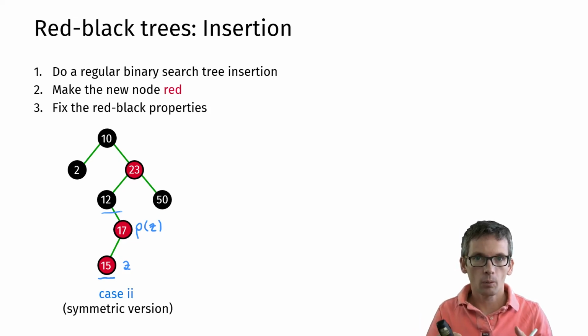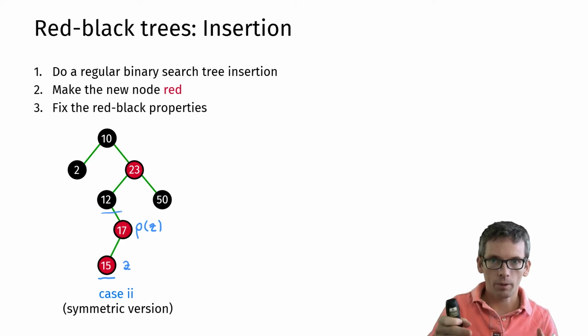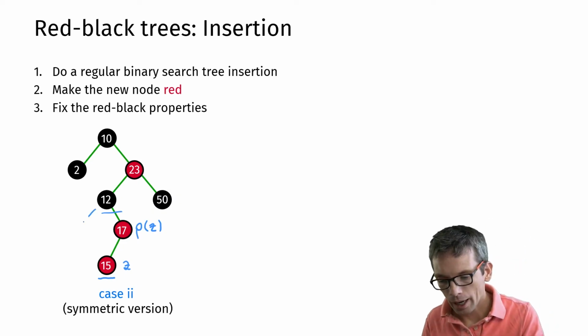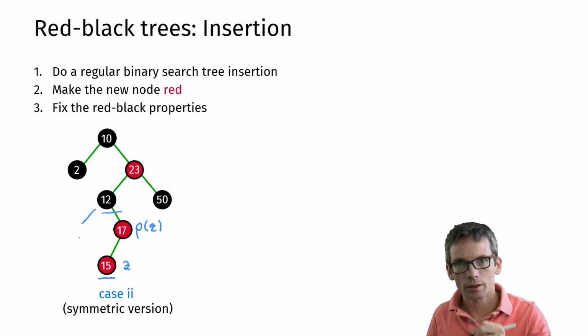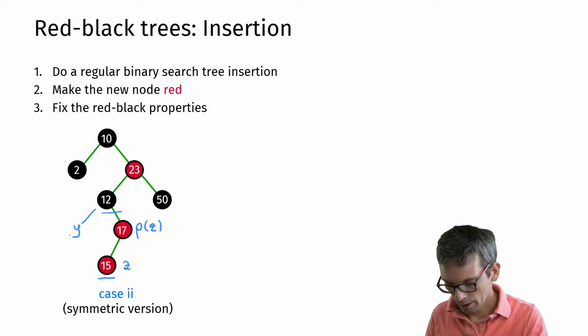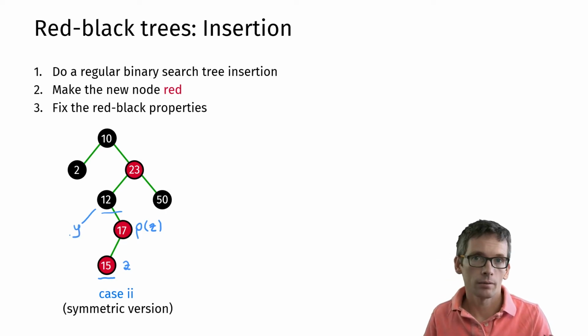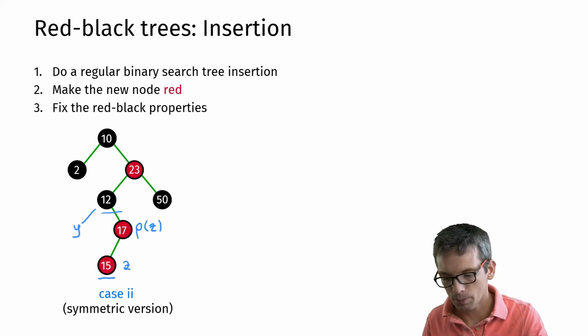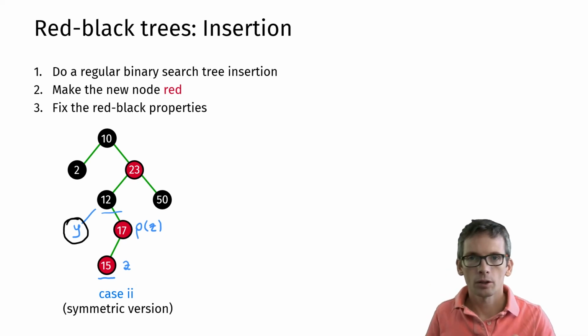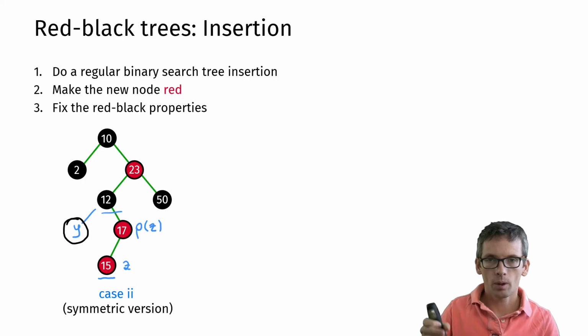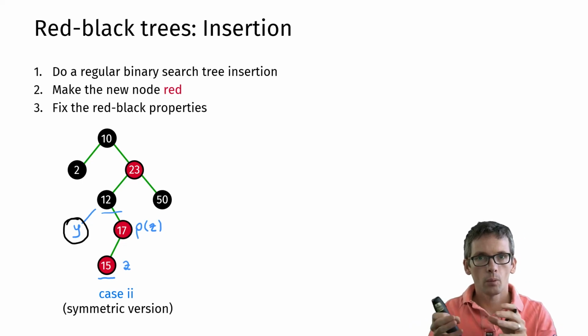And now we can look at whether we are in case 1, 2, or 3. For that, we look at the other child of that grandparent, y, and this child is a nil leaf, so that is black. So we're not in case 1, where this one was red, but in the cases where it's black.